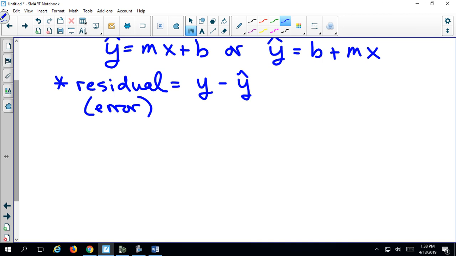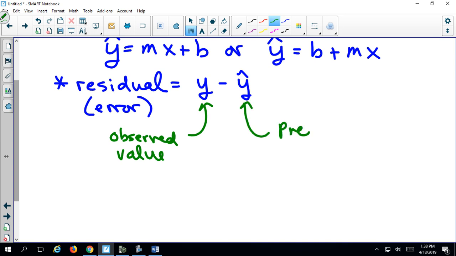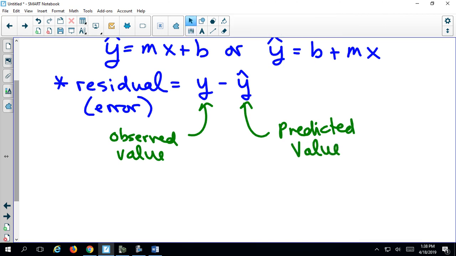So we say that this y is the observed value. And this y is the predicted value. And the difference is called the residual.